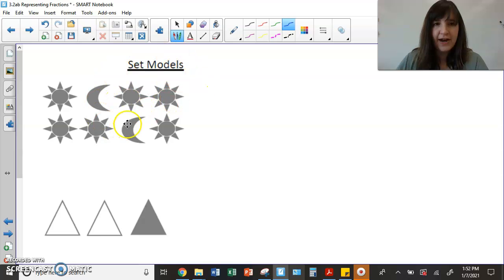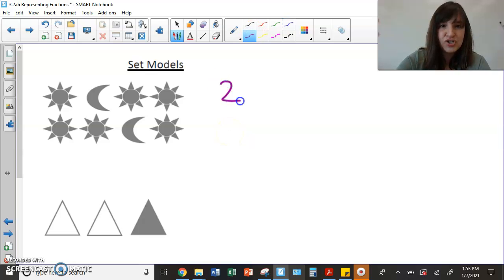Another way to represent fractions is through a set model. In this situation right here, we have 8 items, okay? And we have some suns and we have some moons. If we were representing the amount of moons, well, first let's count the total. We have a total of 8 shapes right here. 2 of them are moons.